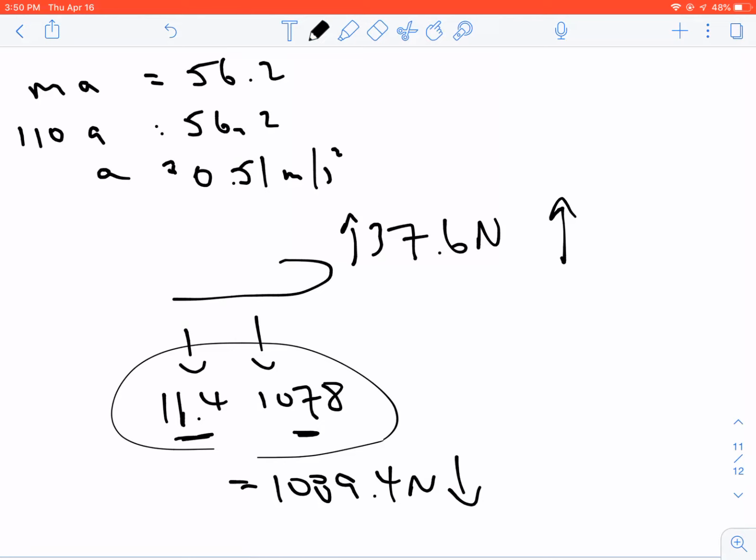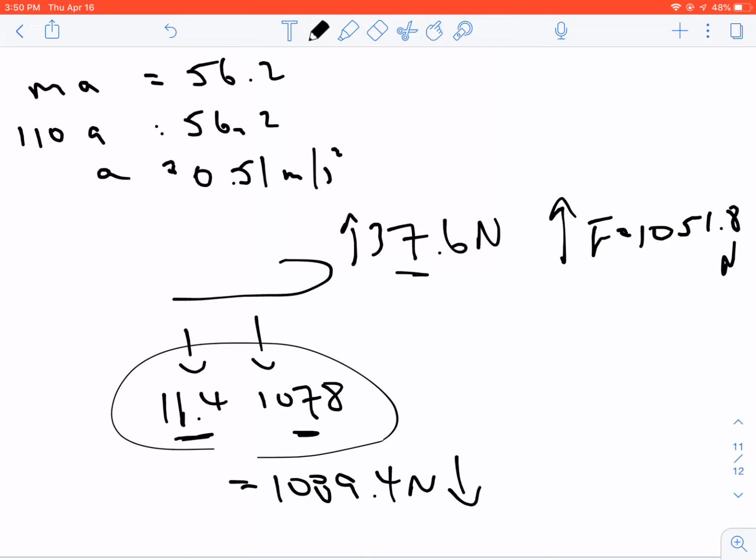And I see an upward force here of 37.6. This has got to be 1089 minus 37.6. And I'm getting 1051.8. Okay, it's saying that I need an additional 1,051 newtons in the upward direction.